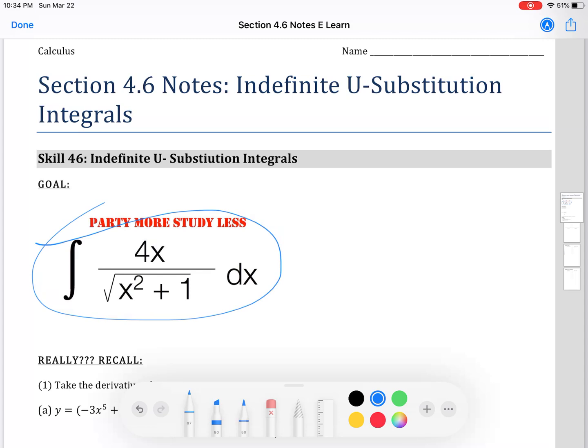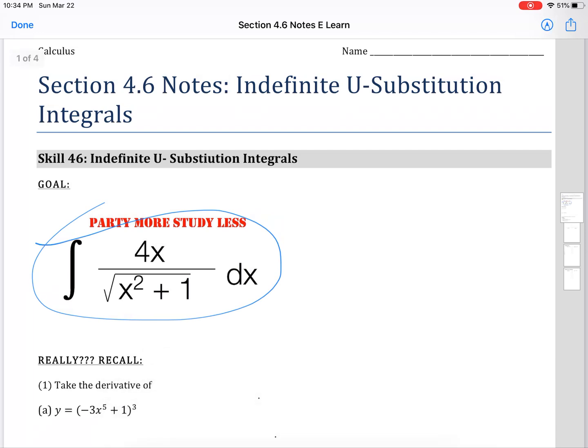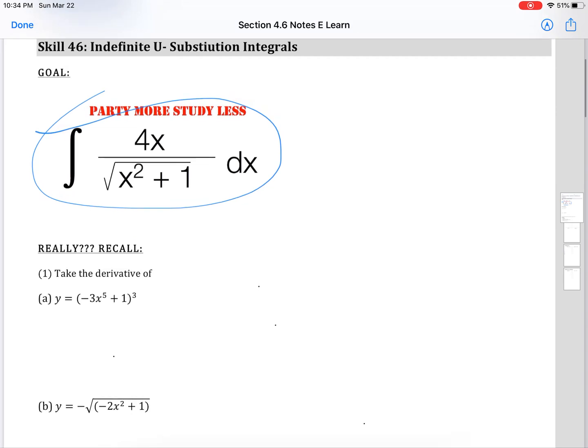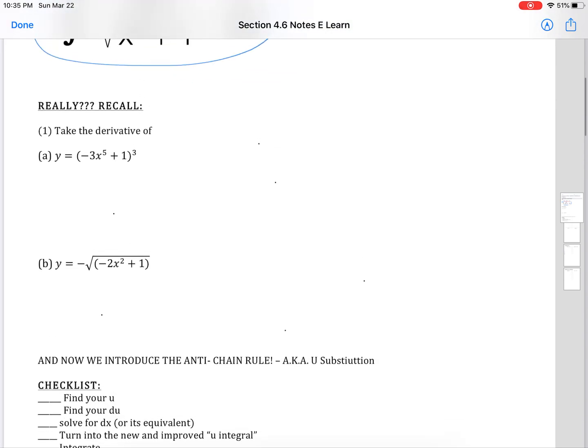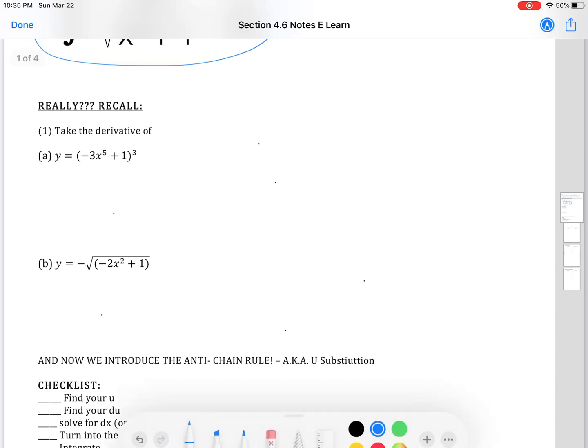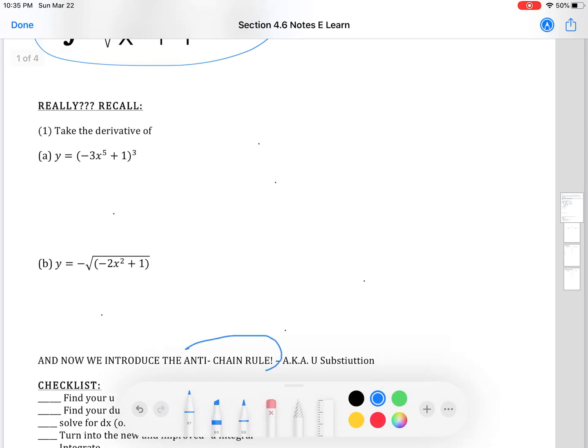But I claim that you don't have to panic if you know how to do U-Substitution, and you could actually turn this into a pretty familiar looking, almost power rule type of integral. And where U-Substitution comes from is the chain rule in derivatives. And we even like to call U-Substitution the anti-chain rule.